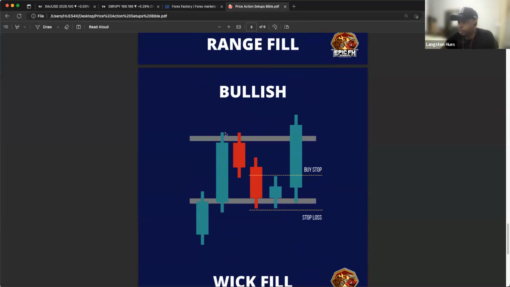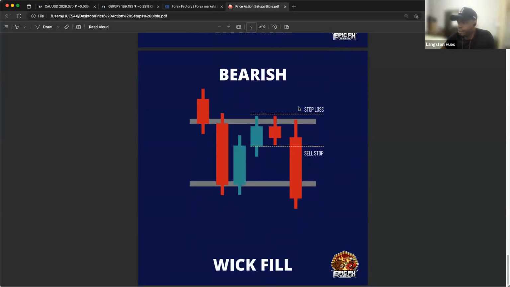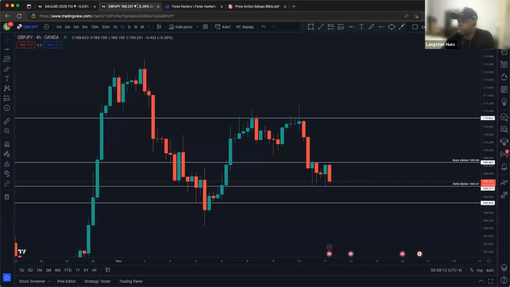On the bullish wick fill, price comes up, drives up to the top of the range, rejects, forming a resistance, drops all the way back down to the bottom of the range, respecting the support, and driving back up. So it's quite interesting. All right, let's see what's gonna happen with this British pound news.